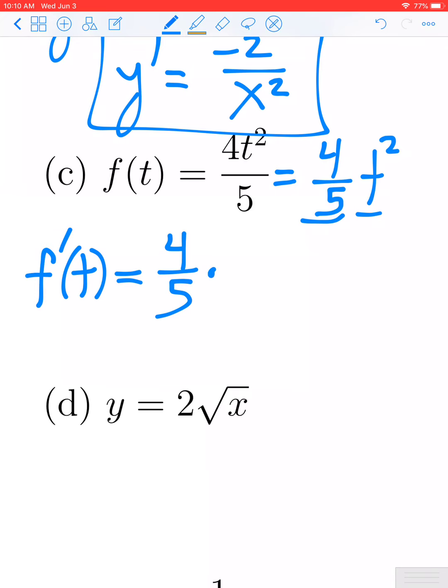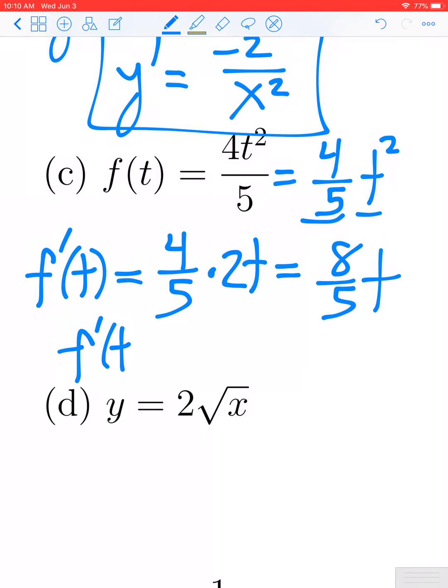We're going to multiply it by the derivative of t squared. The derivative of t squared is 2t. And then if I want to, we can combine the constants. 4/5 times 2 would be the same thing as 4/5 times 2 over 1. And that would be 8/5 times t. So f prime of t is equal to 8/5 t.